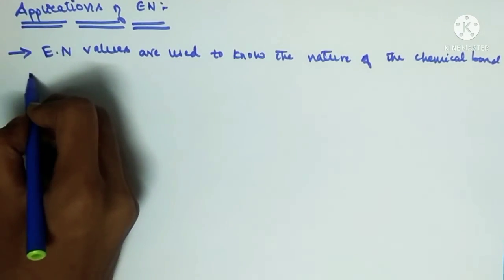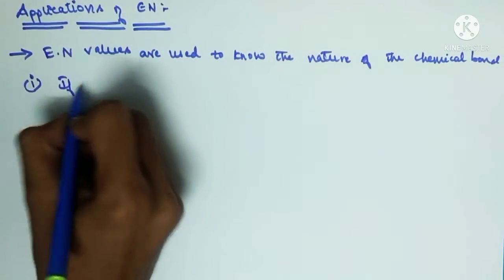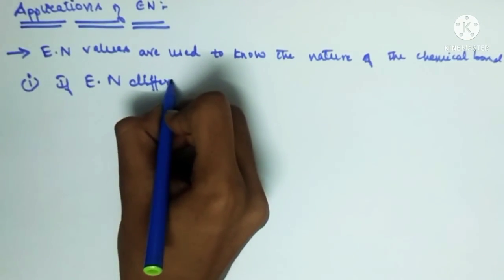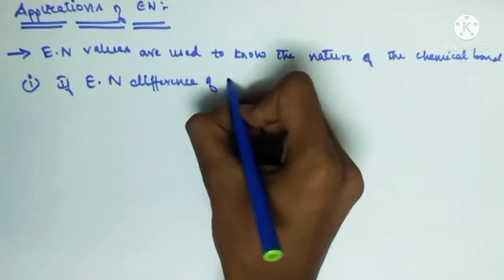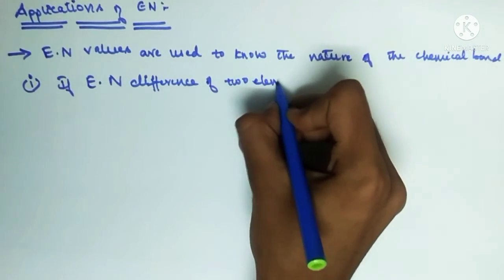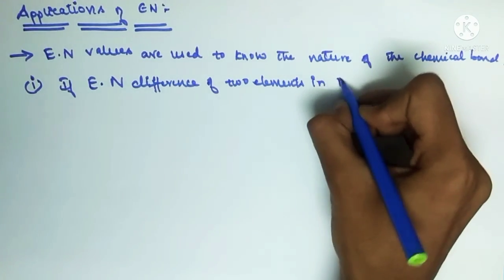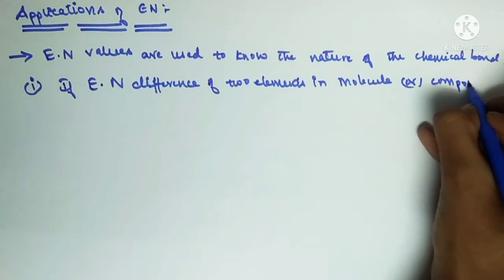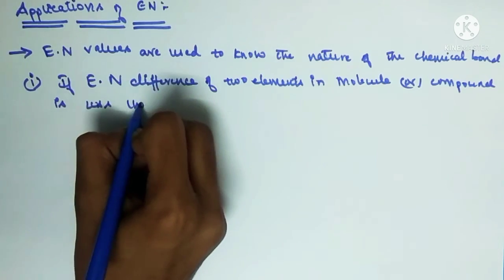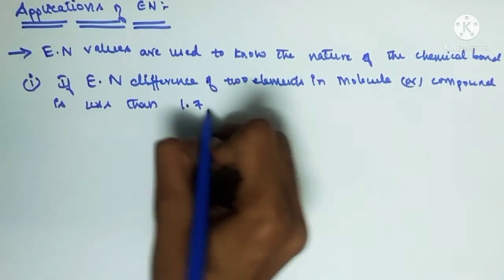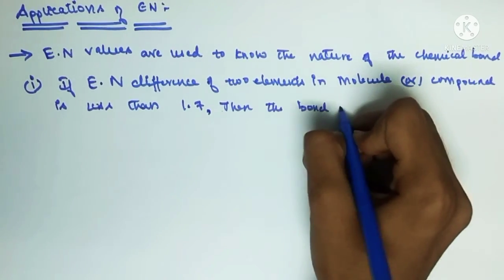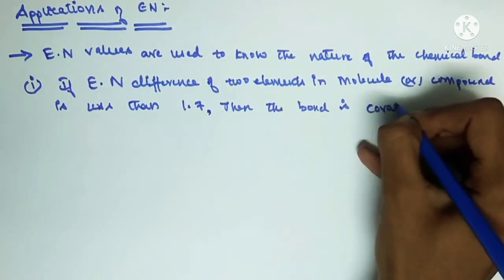The first point: if the electronegativity difference of two elements in a molecule or compound is less than 1.7, then the bond is covalent in nature.